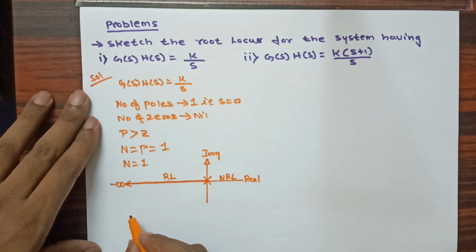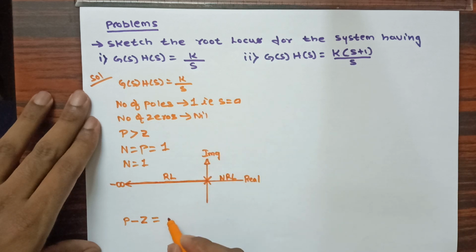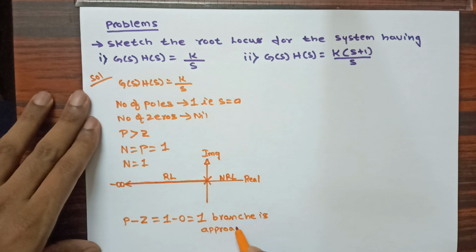Next we are going to see the number of branches approaching infinity, that is number of poles minus number of zeros. The number of poles is 1, so 1 minus 0 is equivalent to 1. One branch is approaching infinity.